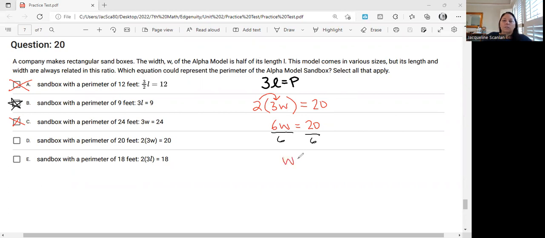My answer is going to be whatever 6 goes into 20. Doesn't go in a whole number of times. It goes in 3 times with 2 left over. So that's 2/6, right? This is my numerator. This is my denominator. And if I simplify 2/6, I can divide these both by 2. I get 3 1/3. And that's my width.